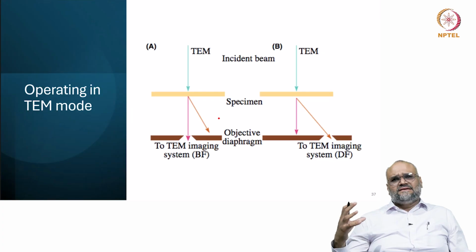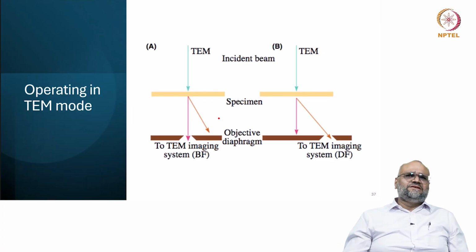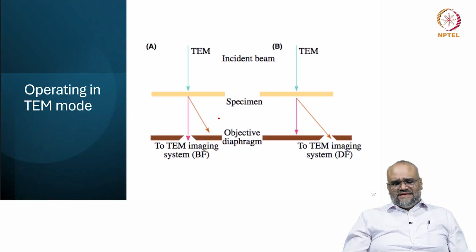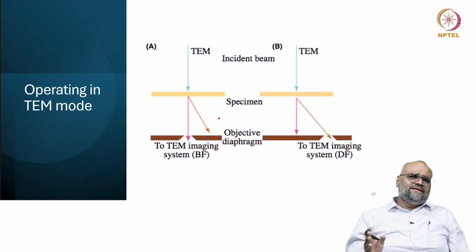If I look at the common operational modes in conventional TEM, you have the incident beam, and after the interaction with the specimen, you have the direct beam or the electron beam which is scattered at small angles.